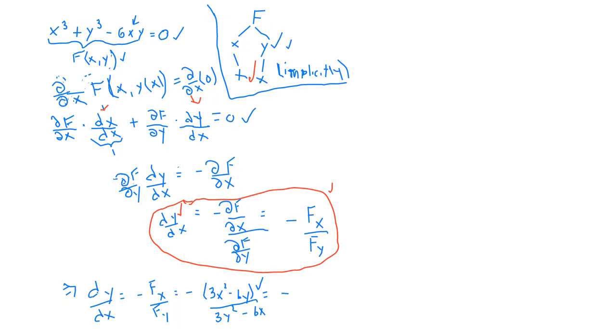And you could simplify this and get negative x squared minus 2y, all divided by y squared minus 2x. So there you go. It's pretty cool that you can use the chain rule to help you with implicit differentiation.